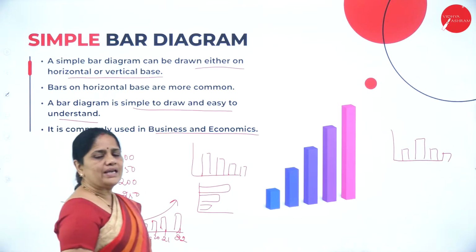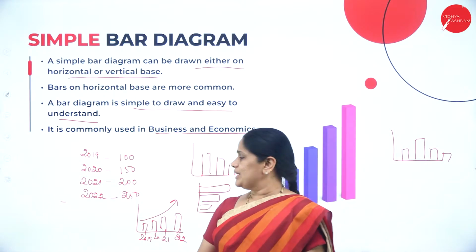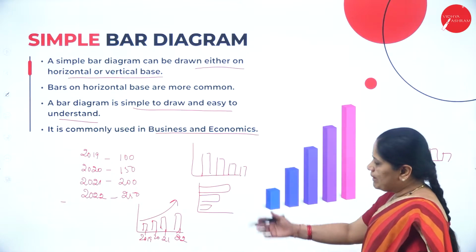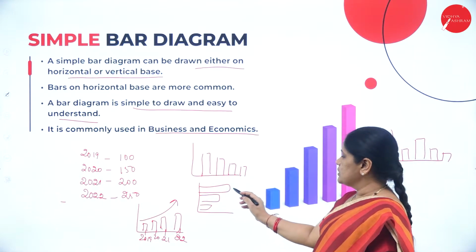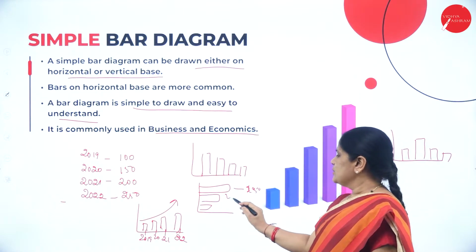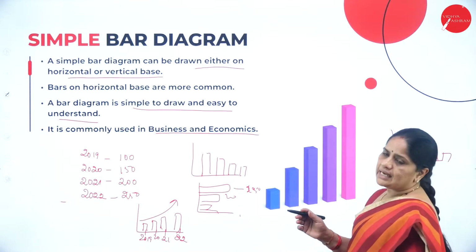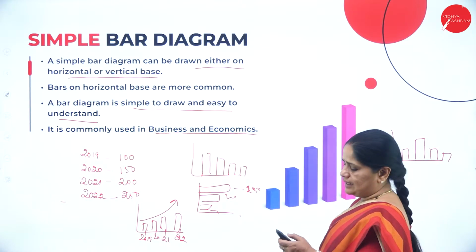In this way, I can draw any statistical information in the form of a bar diagram. Bar diagrams can be drawn vertically or horizontally also. Here I can draw it as 250, 200, 150, 100. However I draw, people will be able to understand it more clearly.